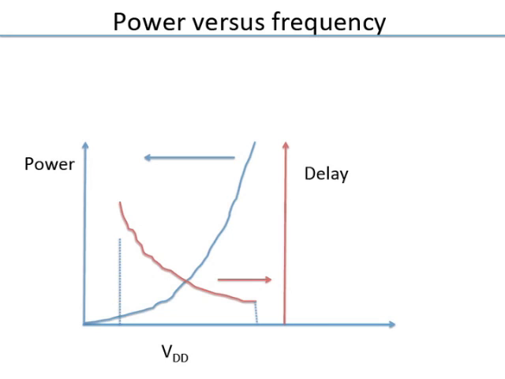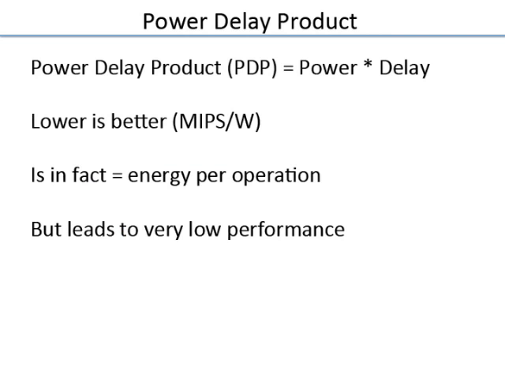So if you are just being graded or evaluated based on energy per operation, you'll just go and push it into the sub-threshold region of operation. Of course, things will be very slow and it might not be interesting to anyone, right? So this power delay product by itself doesn't give the whole story in some sense. So you want a better balance.